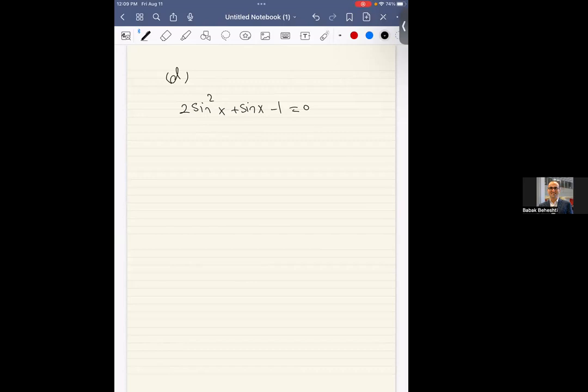The hint is, this is just 2 sine x minus 1 times sine x plus 1.